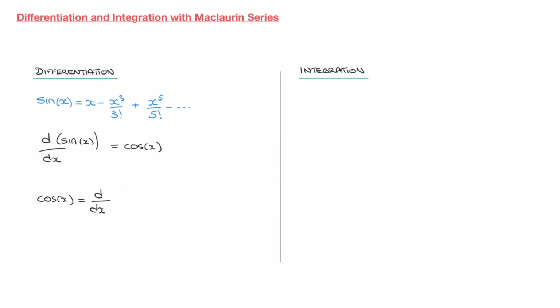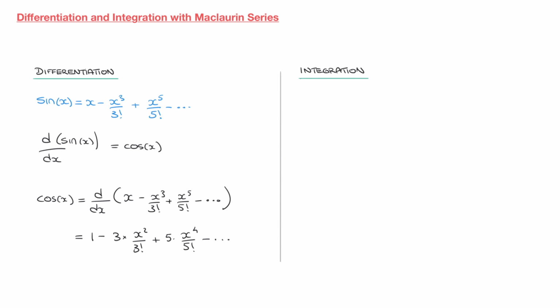In other words, by differentiating x minus x cubed over factorial 3 plus x to the power of 5 over factorial 5, and so on and so forth. So let's go ahead. Differentiating all of this, we quickly obtain 1 minus 3 times x to the power of 2 over factorial 3 plus 5 times x to the power of 4 over factorial 5. And of course, it would carry on forever that way.